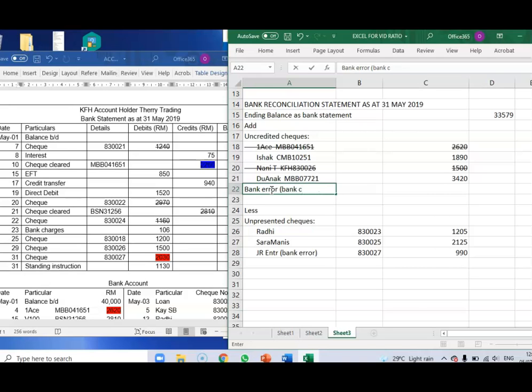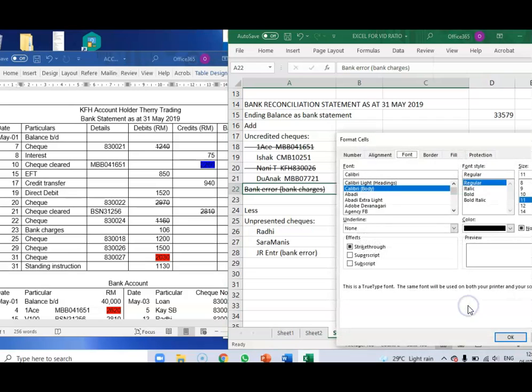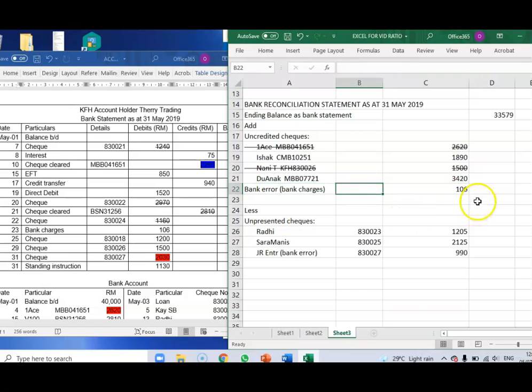The bank charges amount is 106, because previously in the bank statement, 106 is actually there. The bank wrongly taken out our money. So the bank need to add back the money. Okay.